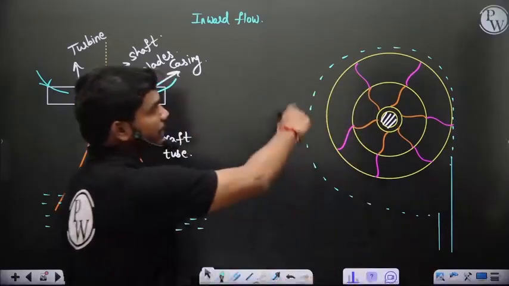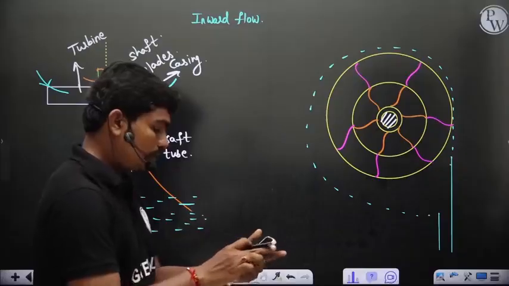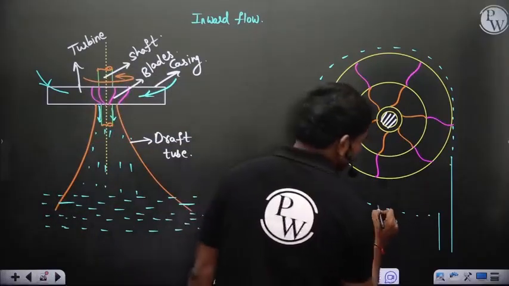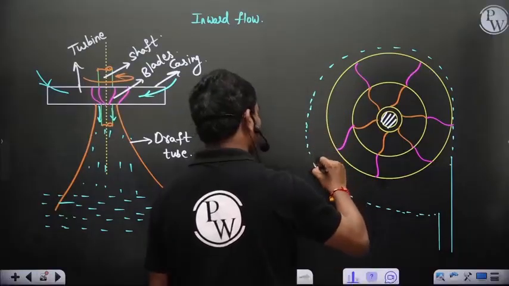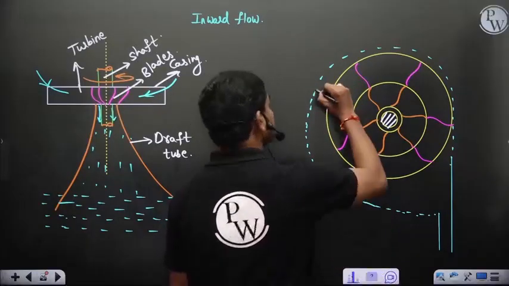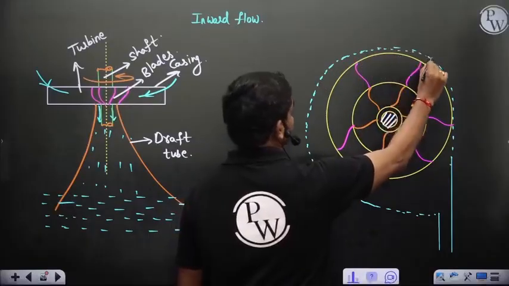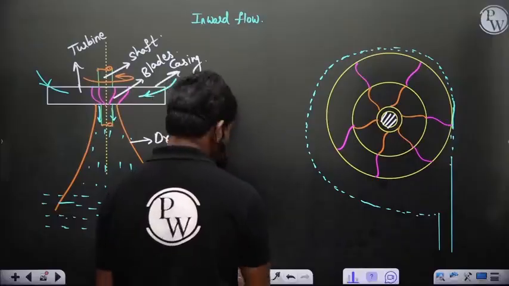As you can see, it's like a spiral. If you connect this, it's like a spiral casing almost.